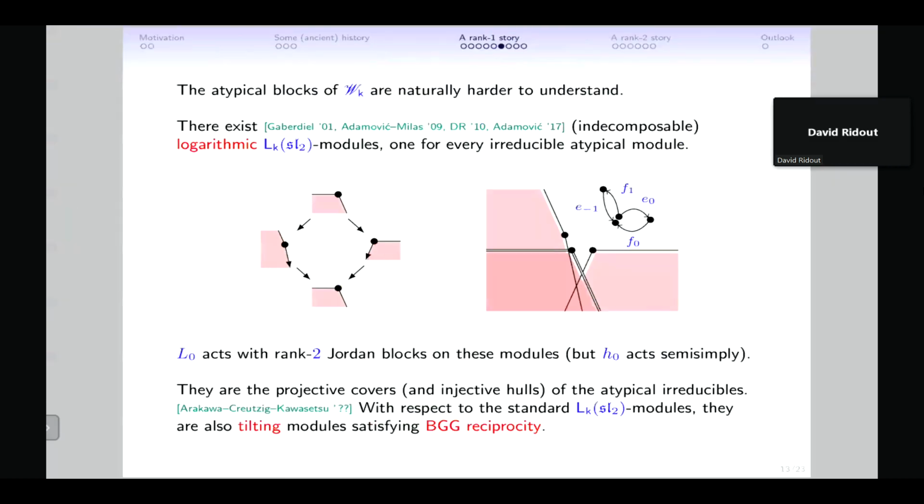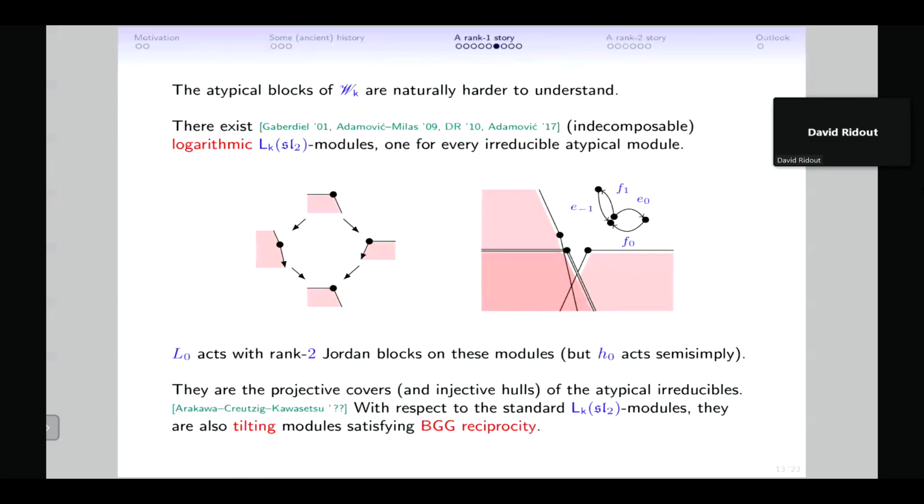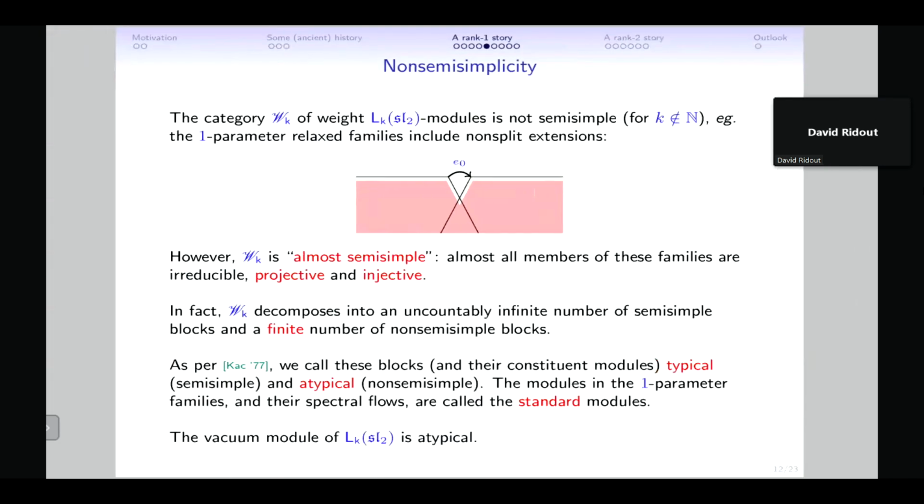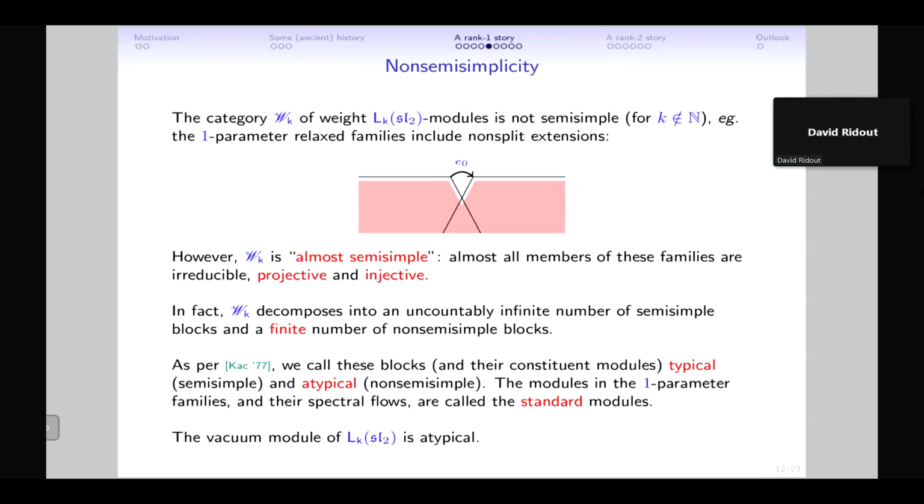Okay, so we want to understand these atypical blocks, right? The typical ones are easy. We want to understand the atypical ones. So I said earlier that these guys are non-split extensions, but they're not logarithmic in the sense that L0 acts non-semi-simply.